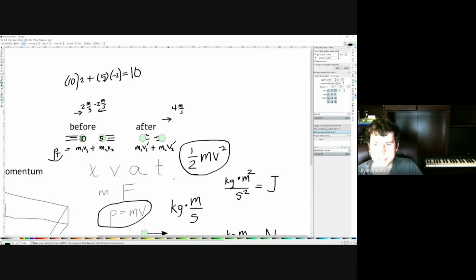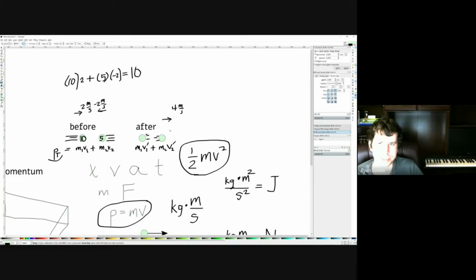The units would be kilogram meters per second, but 10 would represent my momentum for my whole system. The whole system together has a momentum of 10. The part on the left has a positive momentum of 20. The one on the right has a negative momentum of 10, which the positive and negative is just the direction. And when you put them together, the whole system has a net momentum of 10 to the right.